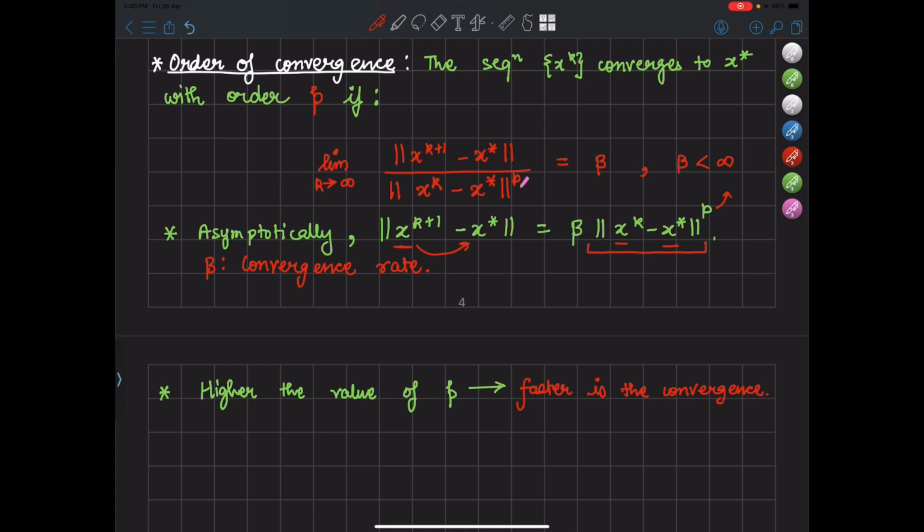The initial value must be close enough somehow; it is not always true, but it is true if the algorithm is going to converge. We'll get to that later, but this is the general idea that the higher the value of p, the faster the convergence.